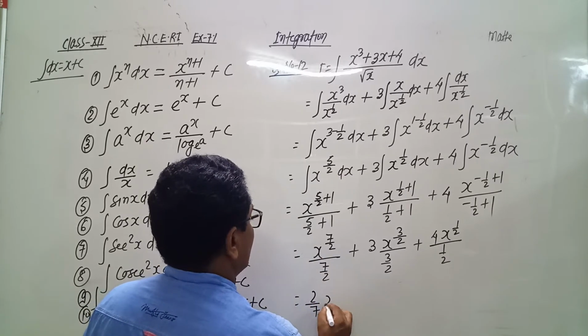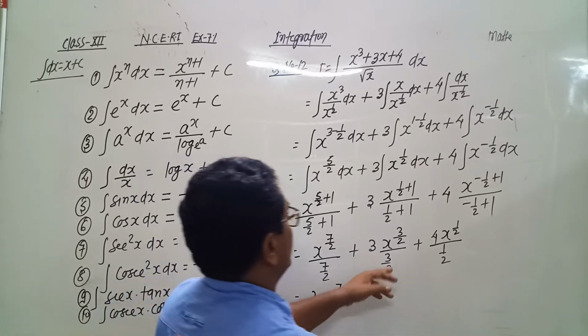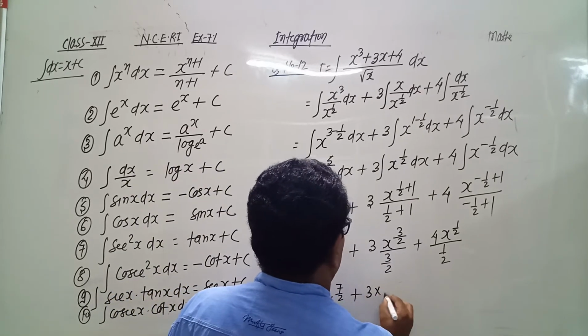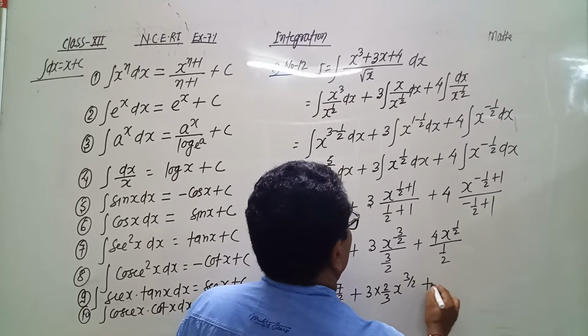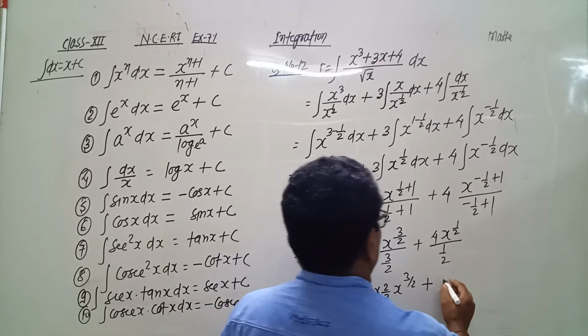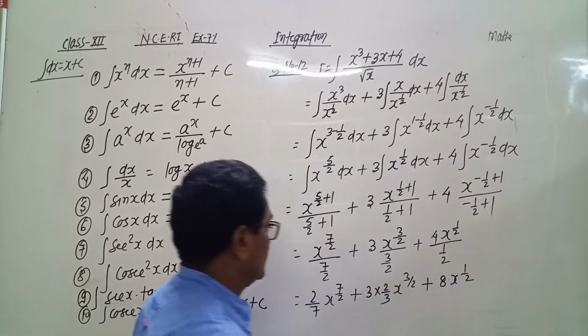So 2 by 7 x raised to the power 7 by 2 plus 3 into 2 by 3 x raised to the power 3 by 2 plus 4 into 2 into x raised to the power 1 by 2.